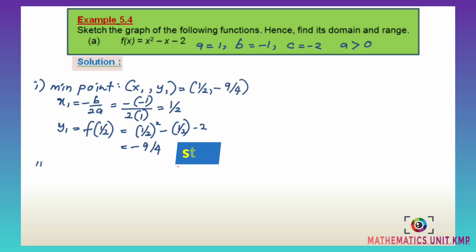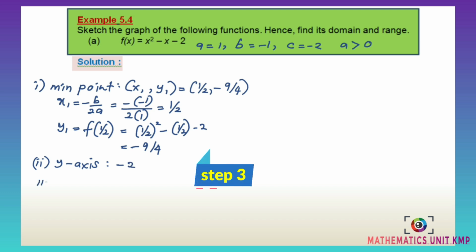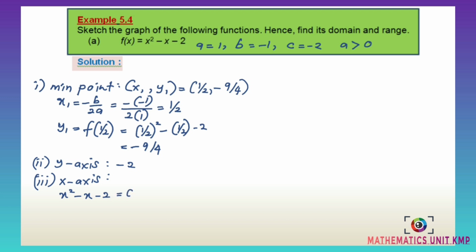Second step, find the intercept of the y-axis. The value of c is negative 2. And third step, find the intercept of the x-axis from the function x squared minus x minus 2 equals 0.